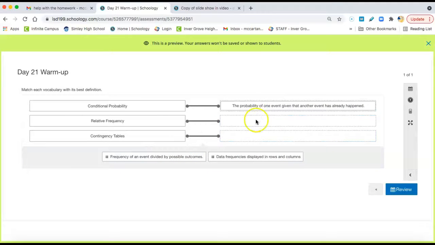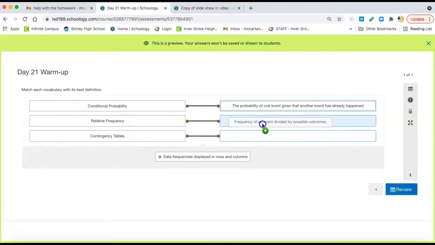That's conditional. That's the idea of conditional. It's a probability of something happens, but given that some other event has already happened, and they're dependent, so one affects the other. Relative frequency, it's kind of like a probability.